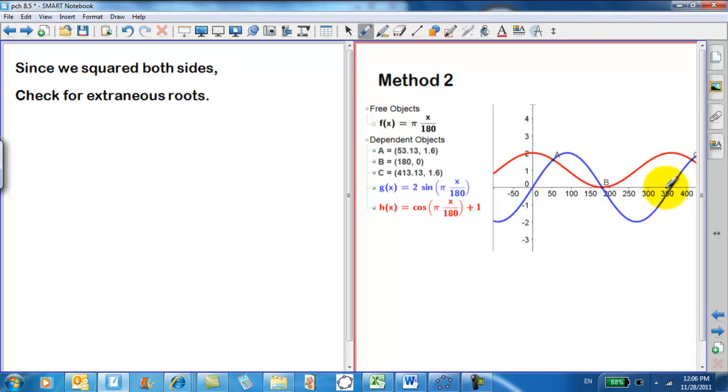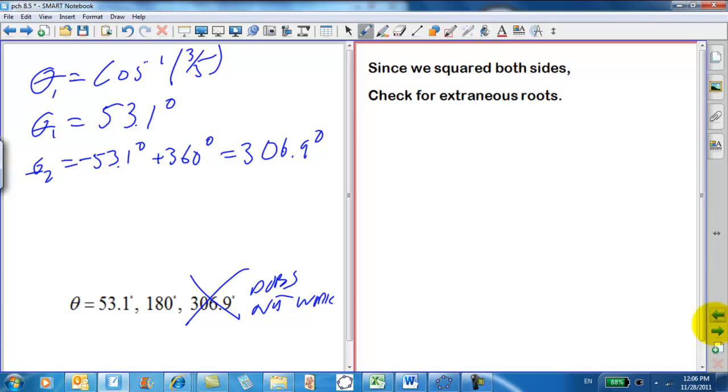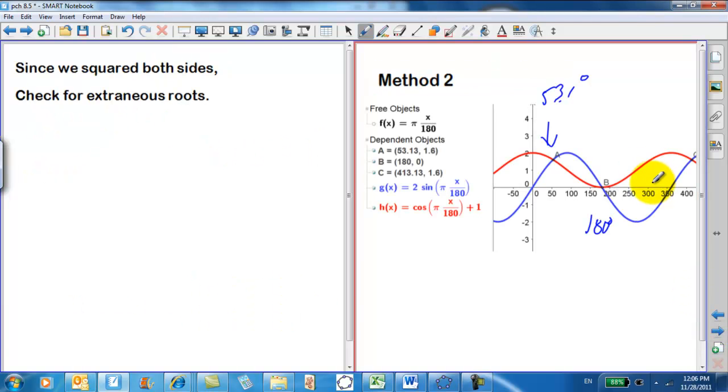From 0 to 360, they only cross in two spots, the 180 and right here at A, which is at 53.1 degrees. They do not cross at 306. At 306, they're exact opposites of each other, and when you square those, you would get the same number. Okay? But that's why that extraneous root is eliminated.